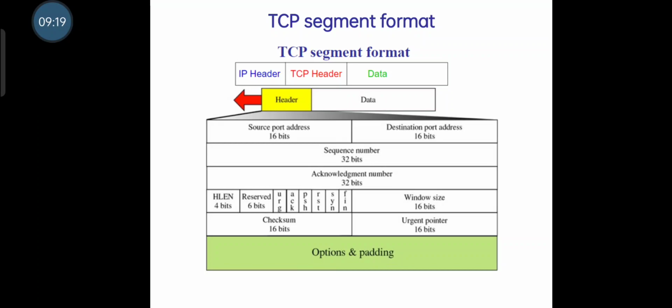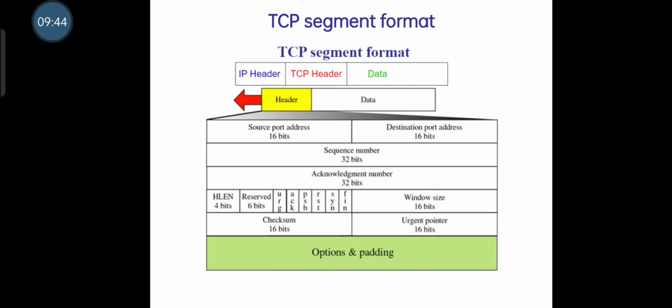And actually we have 6 flags. One is urgent, next is acknowledgement, then push, reset, sync and fin. It is not a condition that every flag is enabled. Depending upon the situation or the data, these flags will be enabled.